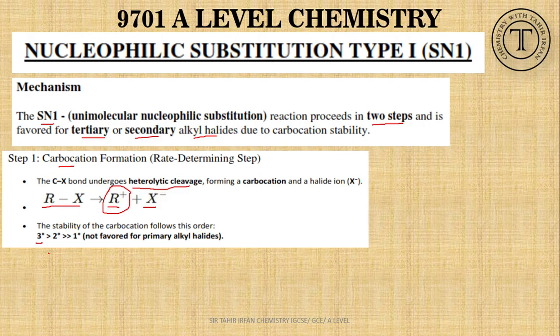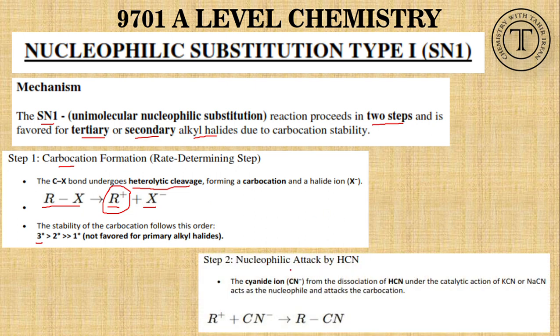Tertiary are very stable, secondary are less, and primary they are very less. So generally, as I told you, tertiary and secondary alkyl halides can go for SN1, but for primary there will be another mechanism, SN2, which inshallah I am going to shoot in another video.